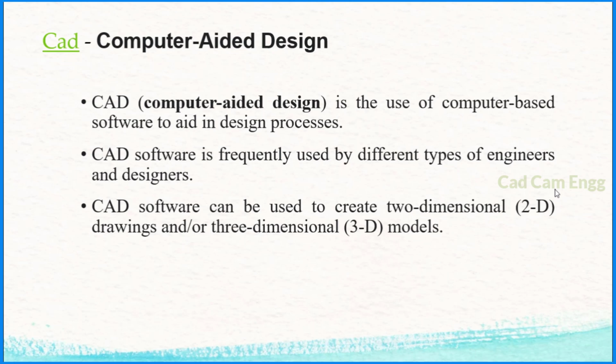A lot of CAD software is available. Engineers and designers frequently use CAD software to create virtual models. Using CAD software, we can develop 2D drawings, and likewise we can develop 3D, three-dimensional models.